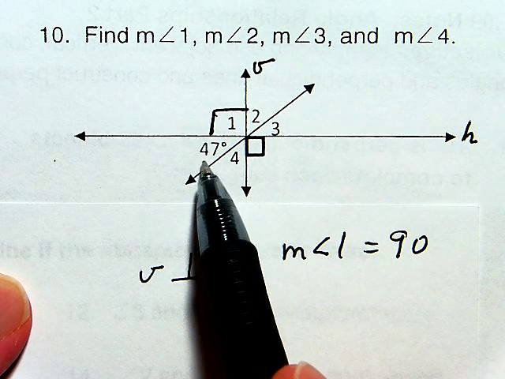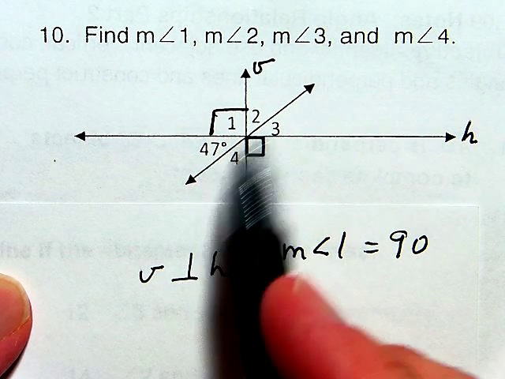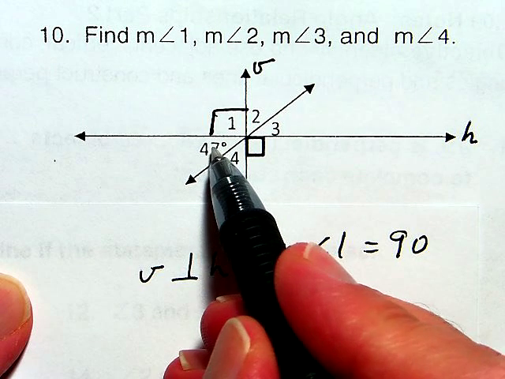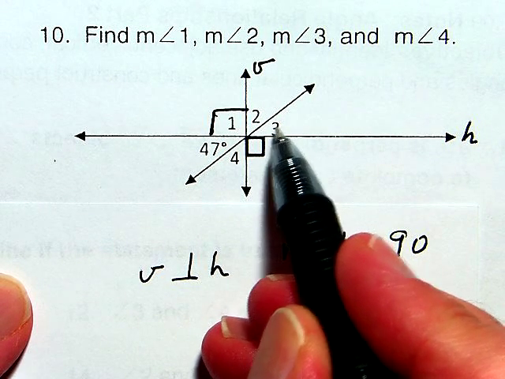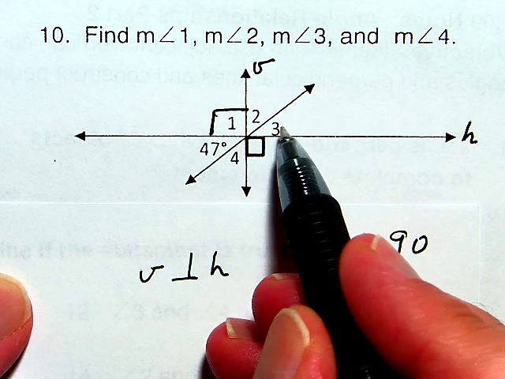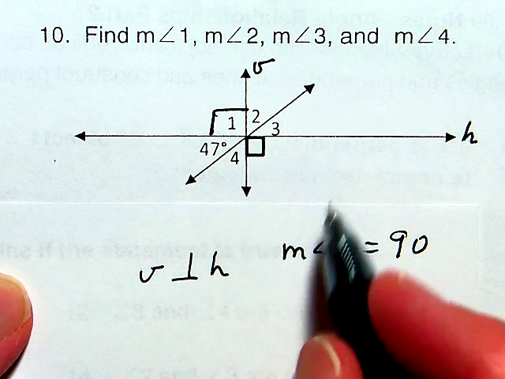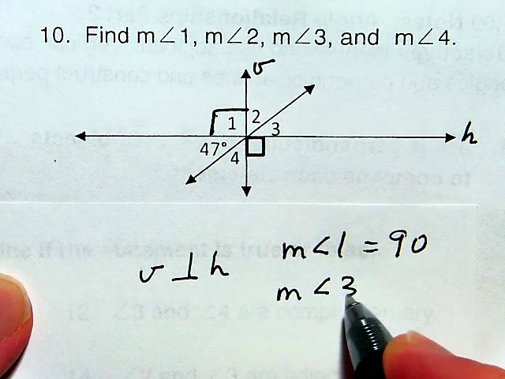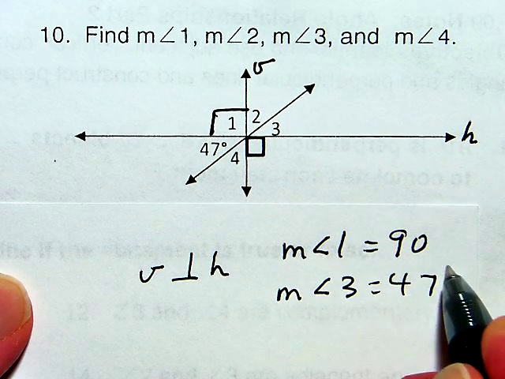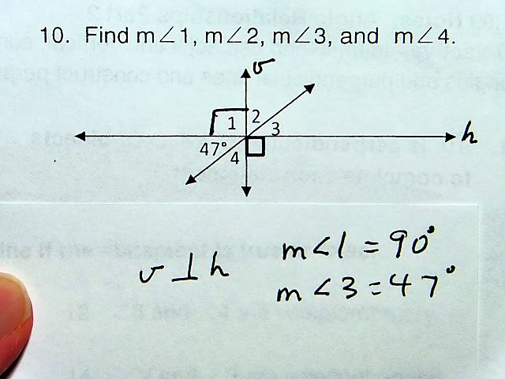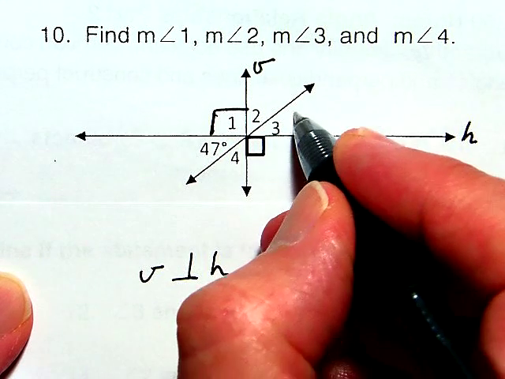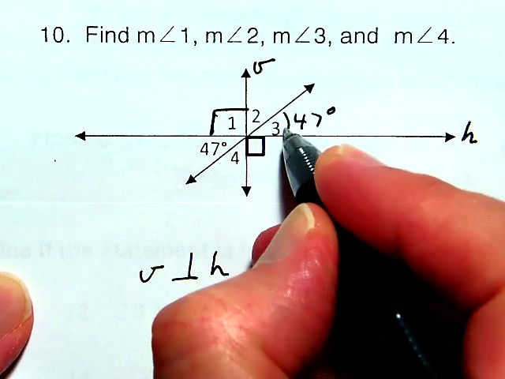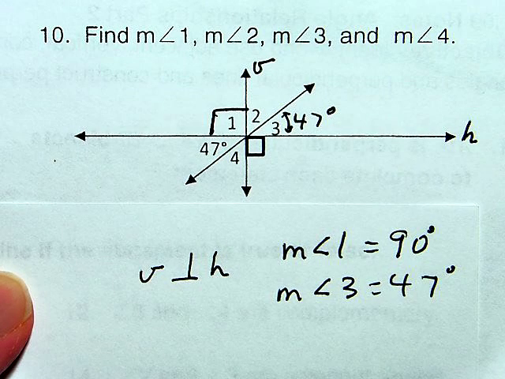Okay, you may have realized that we know that this angle has a measure of 47 degrees, and the angle vertical to it is angle 3. So, since vertical angles have equal measures, we now know that angle 3 has a measure of 47 degrees. So, we've got 2 out of our 4 angles already. That's pretty nice. So, let me write in here 47 degrees for this angle. So, we can remember that's 47 degrees.